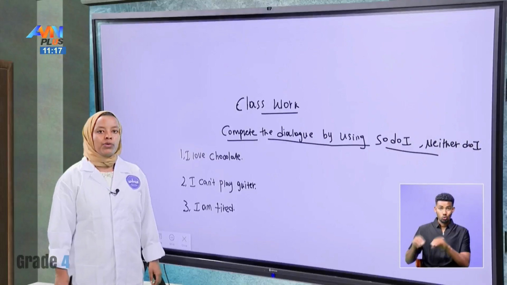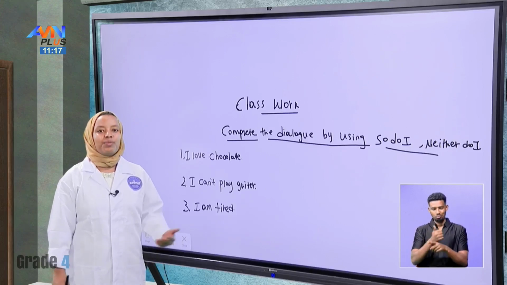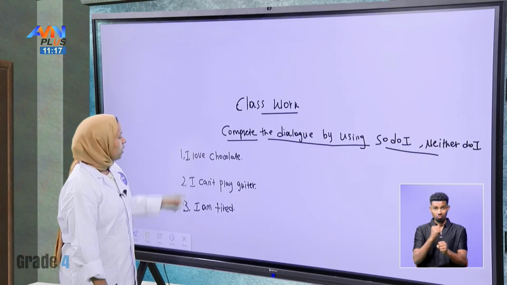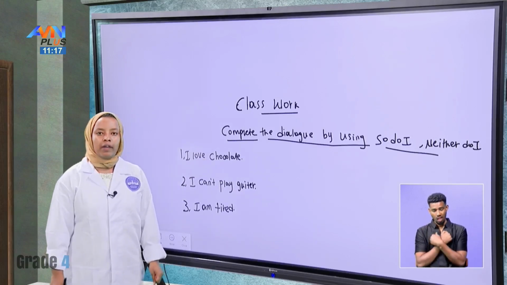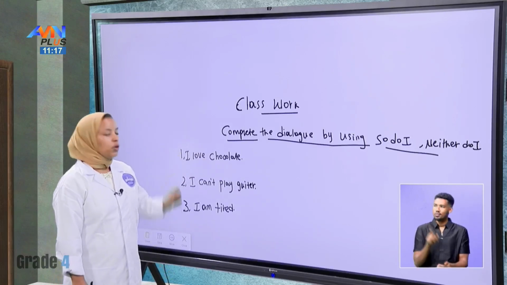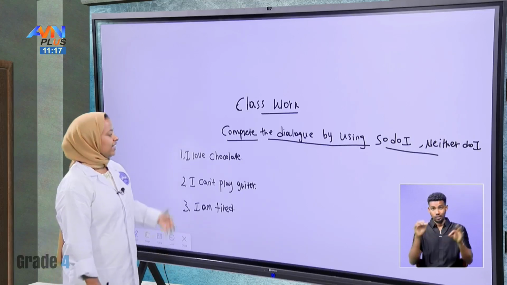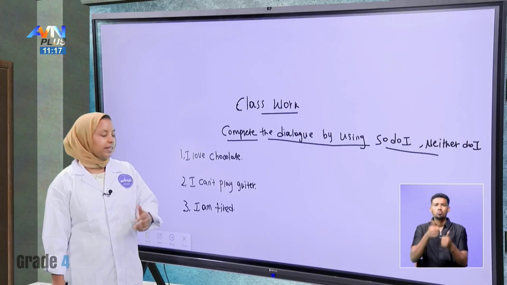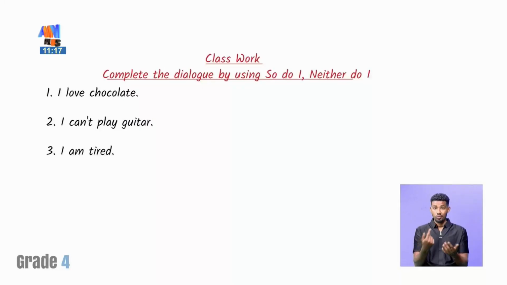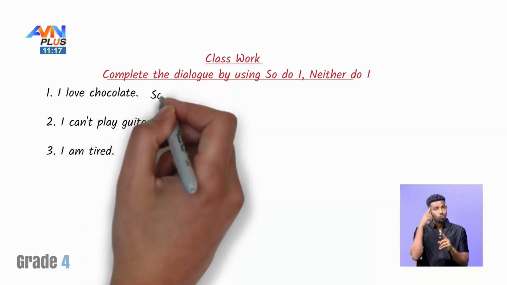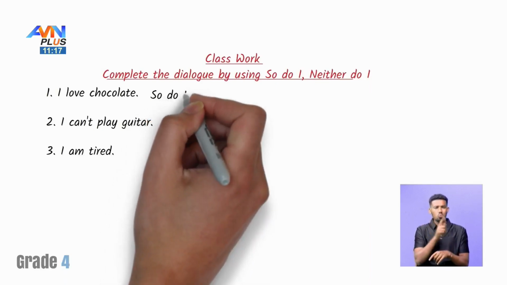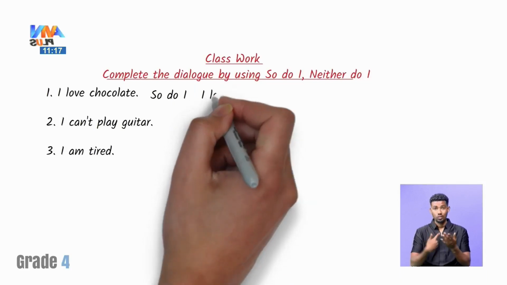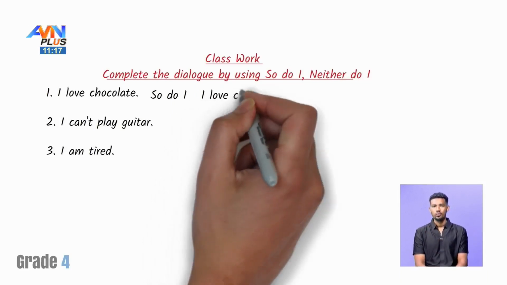Students, I hope you all have practiced these questions. Let me give you the correction and let us practice together. So question number 1, I love chocolate. This is a positive sentence, and let us use so do I or neither do I. We can say so do I. It means I love chocolate very much.